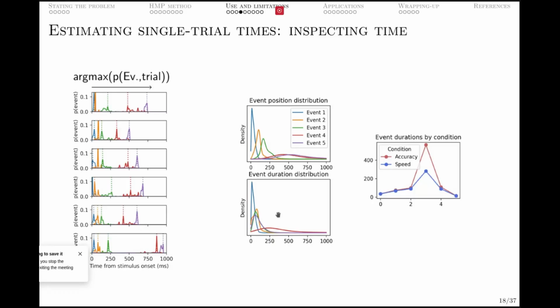And this would be, for example, a representation where we just average for all trials. We take the difference between sequential events. So this would be the first interval, this would be the second interval, this would be the third interval, and so on and so on. And we average all those durations, and this would then be, okay, we ask our participant to be fast in one condition, accurate in the other.